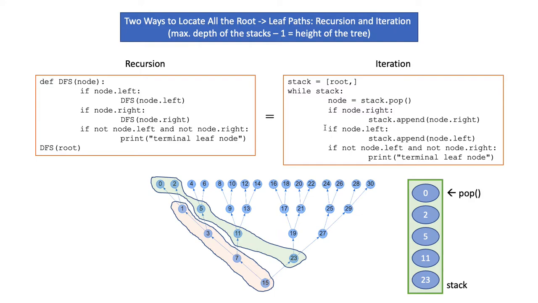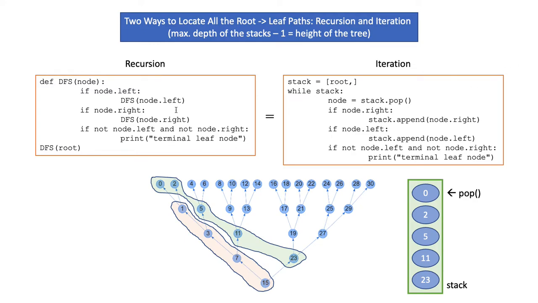You also notice that if node.right and if node.left are in the opposite order, as opposed to the recursion implementation, because we want to process the left node first using the pop. So this is the implementation using both, and they are considered equivalent.